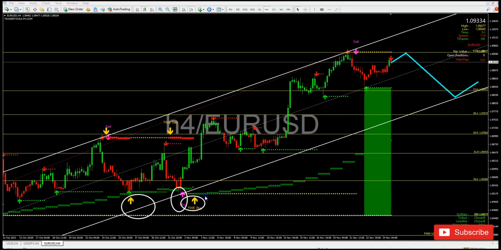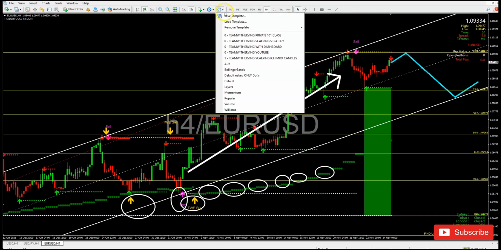Look at the stairs, guys. Boom, boom, boom, boom, boom, boom. So overall trend here on EURUSD is only going in one direction only, and that it is in a buy trend. That's it.